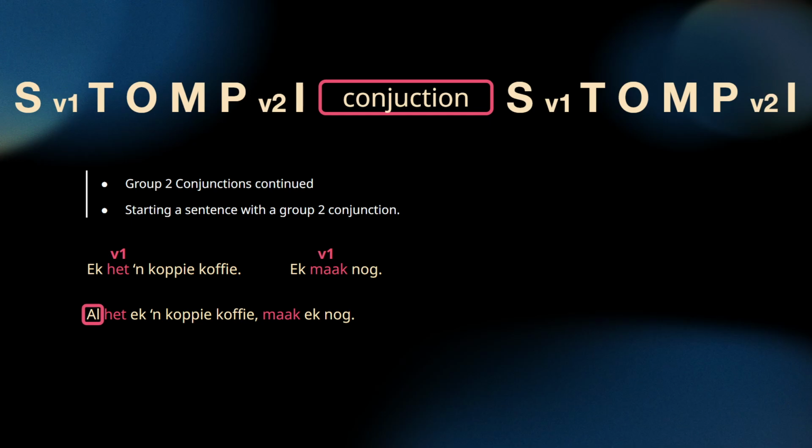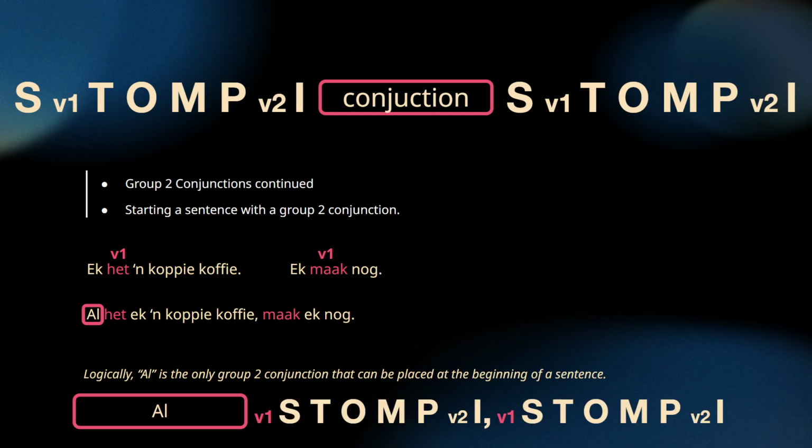So the group 2 rule, meaning I move the verb to the beginning of the sentence, is applied to both sentences. It's important to know that logically, "al" is the only conjunction in group 2 that can work at the beginning of a sentence. So just remember, if you want to use even though at the start of a sentence, then it is the only group 2 conjunction that's going to function like this.